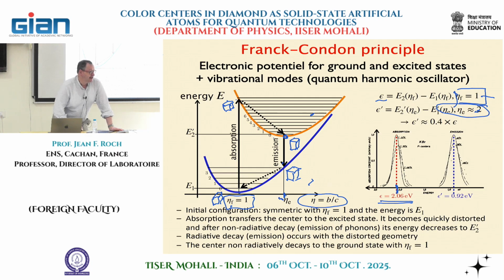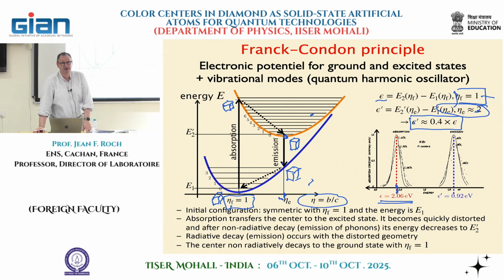Okay? And I can compare the two differences, and I see that the emission energy is 0.4 times the absorption energy. And when I compare now the two values, well, I am not far from that. It's 0.48 instead of 0.4. And that's real data. So I have a very simple model, as you say, but which somehow explains all the main figures of the physics happening.